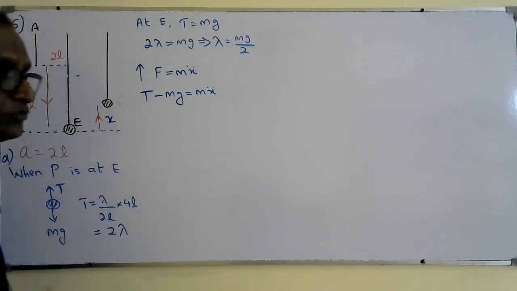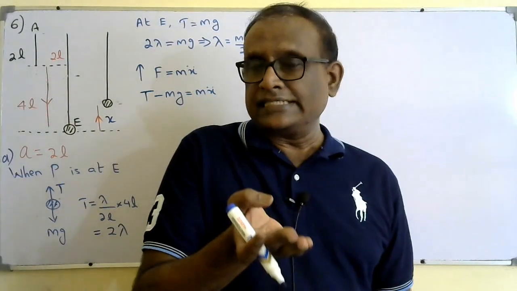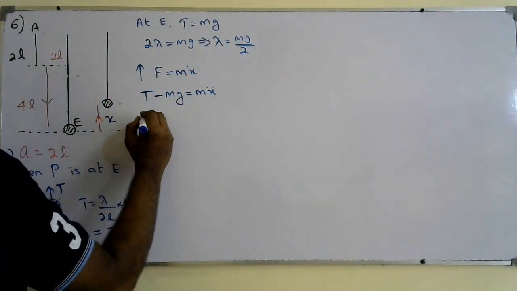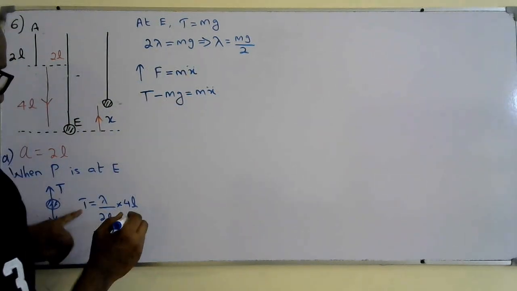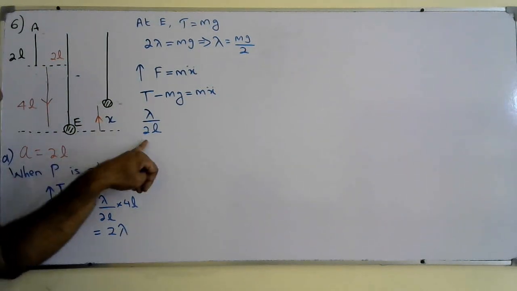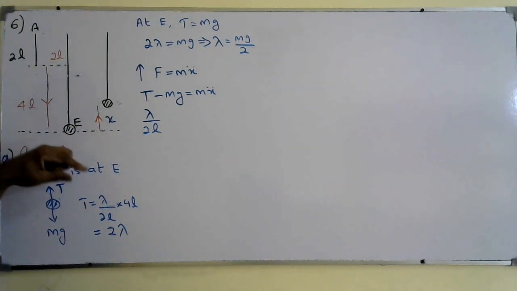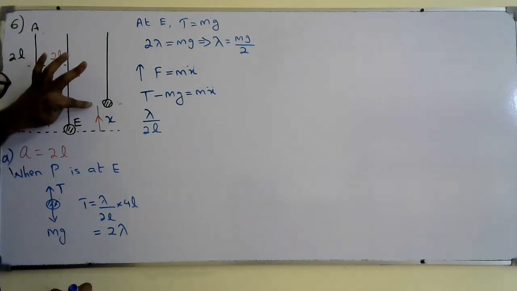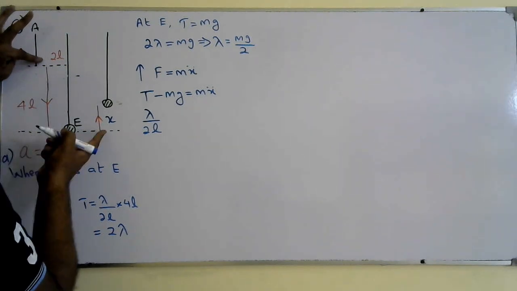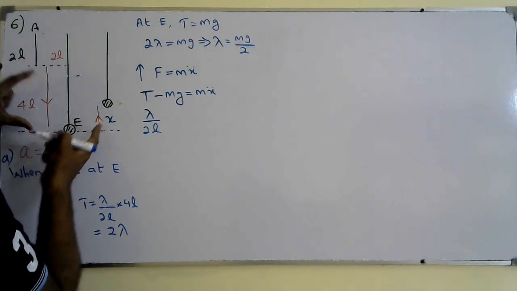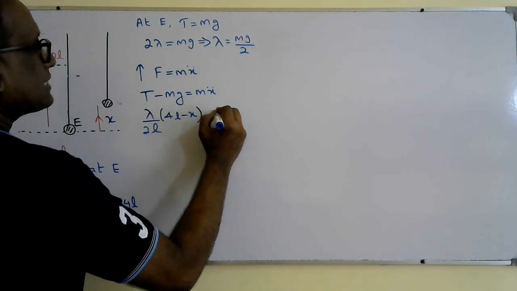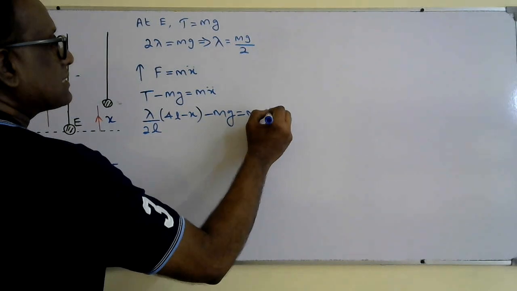Now it's moved up through x, so the extension is 4L minus x. So T equals lambda over 2L into (4L minus x), minus mg equals m x double dot.